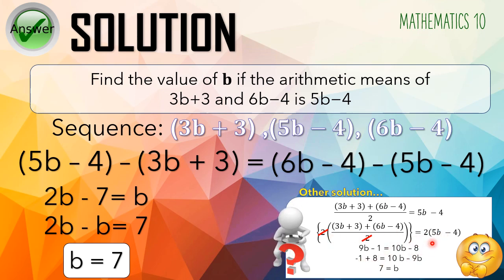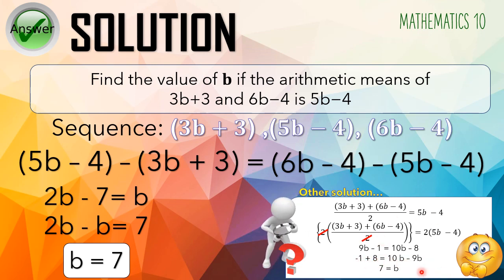Simplifying, we would have here, I directly combine 3b with 6b, and here I got 9b. Positive 3 plus negative 4, so it's negative 1. And on the other side, I applied the distributive property for subtraction. So 2 times 5b, it's 10b. And 2 times negative 4, it's negative 8. And next to that, I combine the like terms. So I have here the constants, we have negative 1 plus 8.